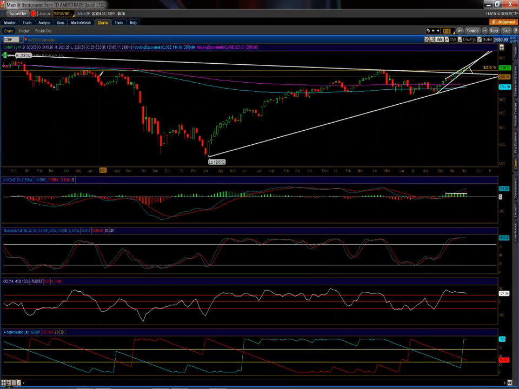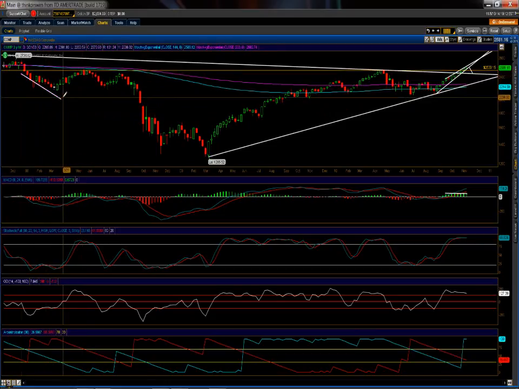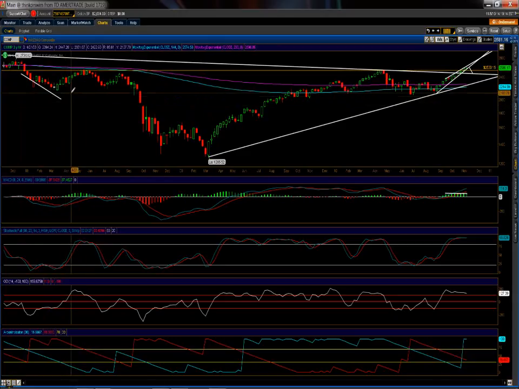We have also been breaking the April high of this year, and because of that, we've actually formed some sort of head and shoulders bottom on the longer term.